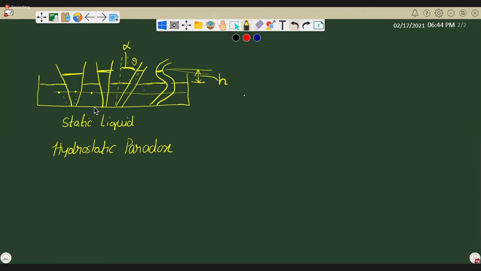Now, from this, we have talked about something called Pascal's law. What Pascal's law said is, if an external pressure is applied to an enclosed fluid, it is transmitted to every point in the fluid undiminished.